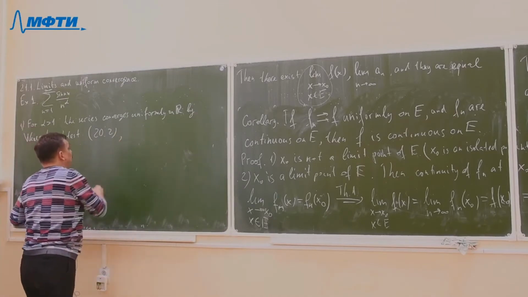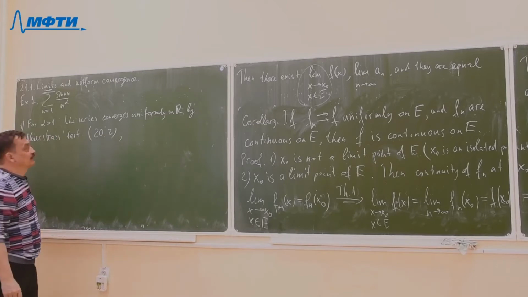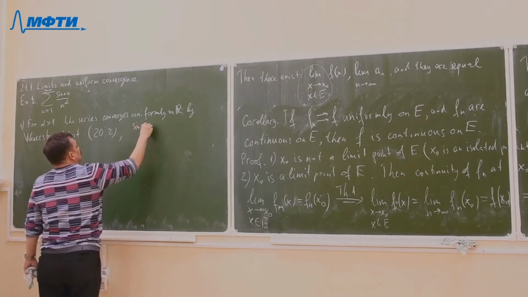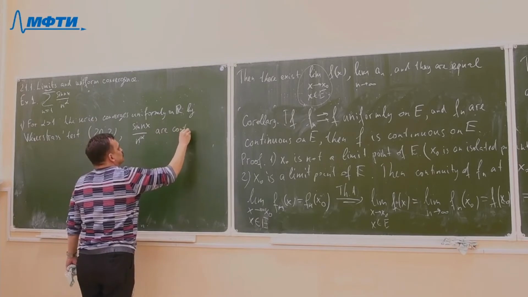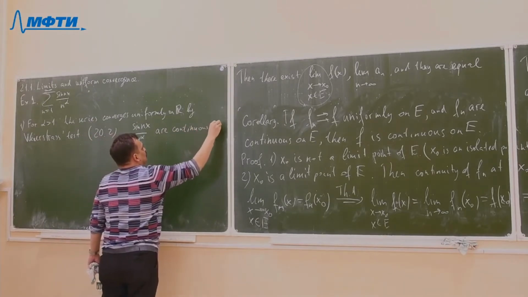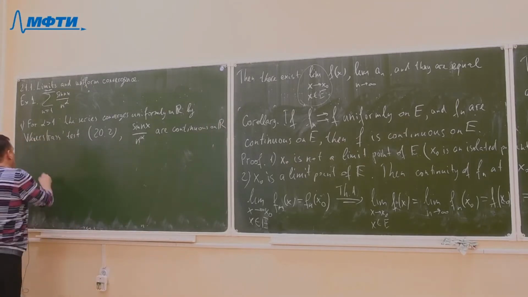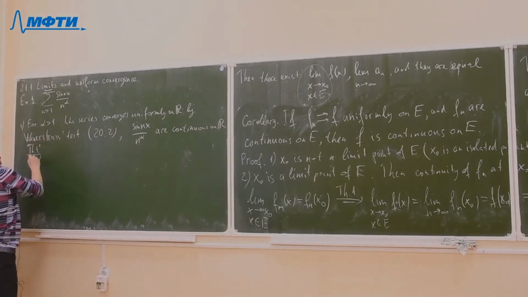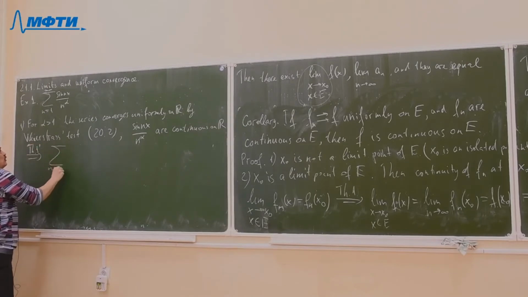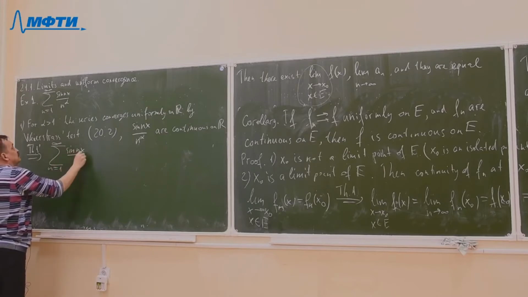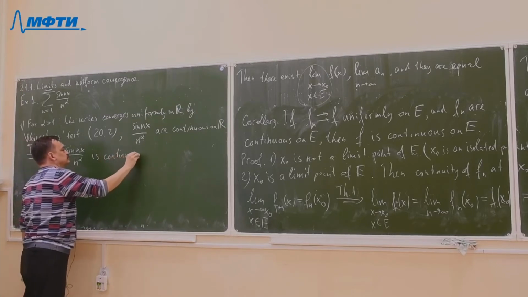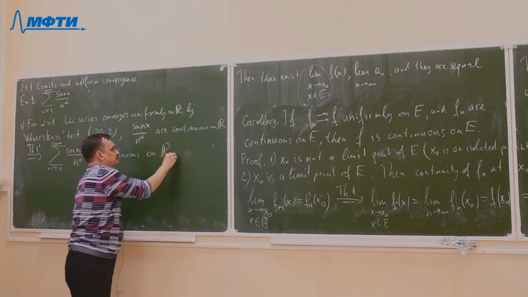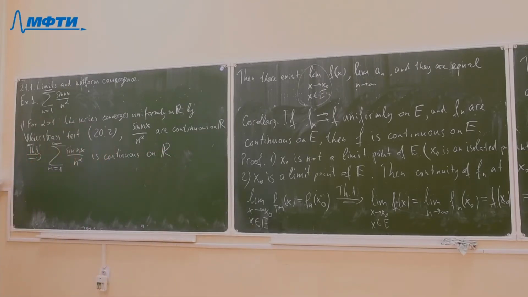And now let me add new information. By theorem 1 prime, sine x over n^alpha are continuous on R. Hence, by theorem 1 prime, the sum of our series, sine x over n^alpha, is continuous on R. So that is how the theorem works.